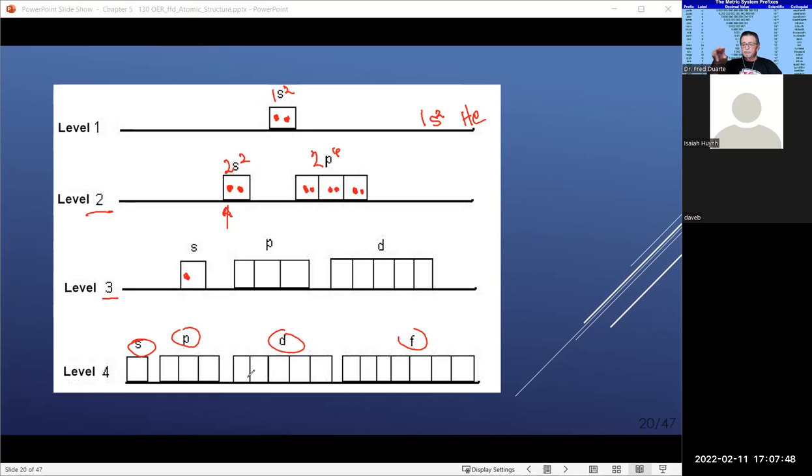And if we continue, that would be potassium. Potassium would be in the 4th energy level, with its 1 valence electron. So that is what continues over and over again. Okay. So let's do one from the periodic table very quickly, using the periodic table.